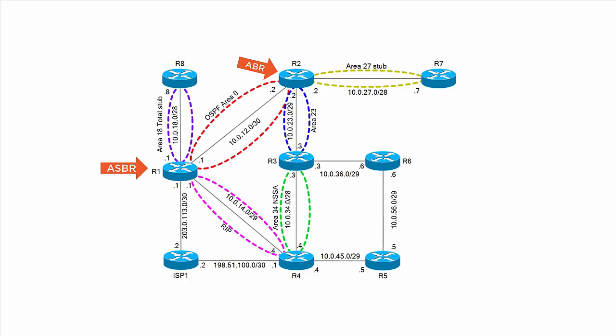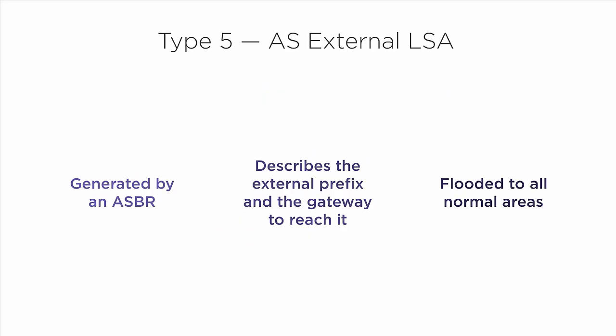Supposing that R1 redistributes RIP routes into OSPF, R1 is an ASBR. These routes from other routing protocols are called external routes, and ASBRs inject these into the OSPF domain using a Type 5 AS External LSA, AS being the abbreviation for Autonomous System.